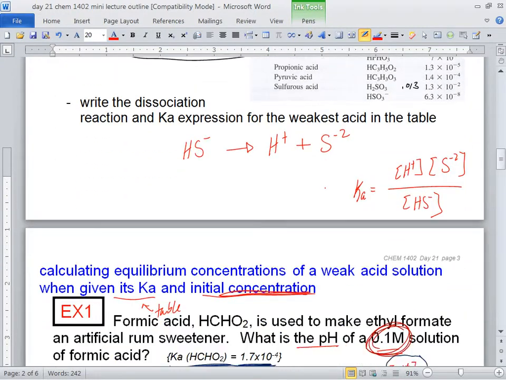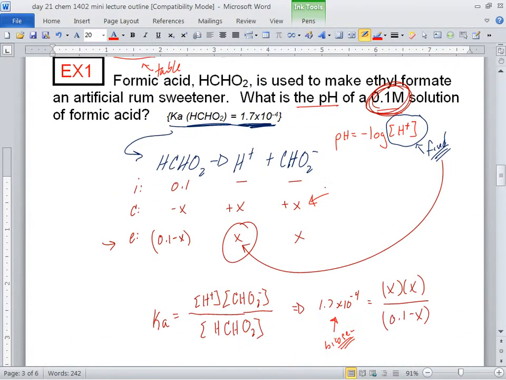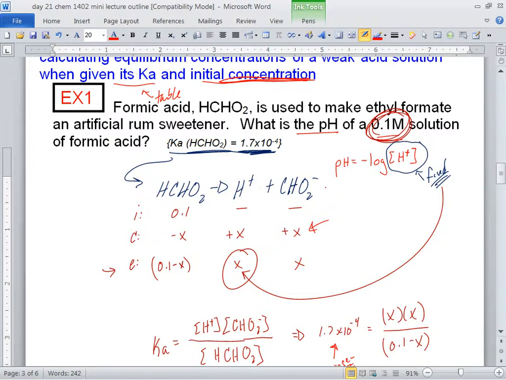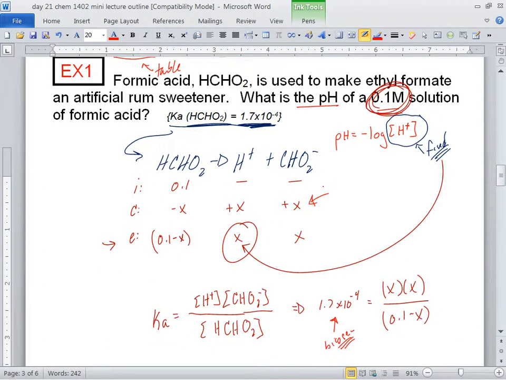So if you hardly get any product, when these Kas are really small, these X's are going to be really, really small. If I take 0.1 minus something really, really small, a tenth of a billionth, you essentially get 0.1 again, right? So if I take a number minus something really small, I essentially get that number.